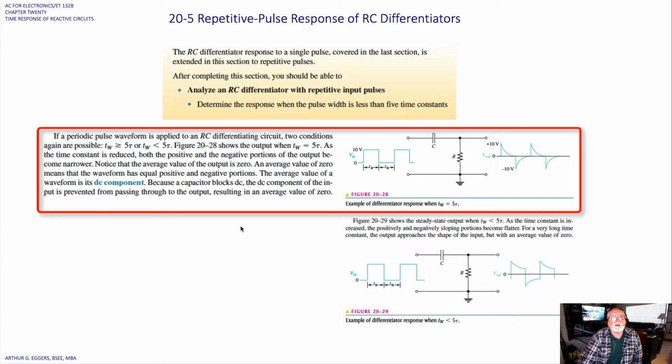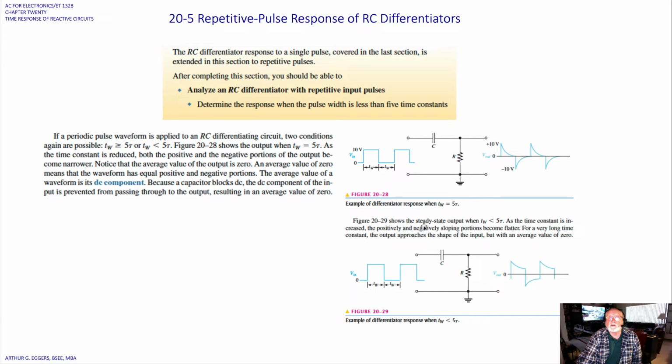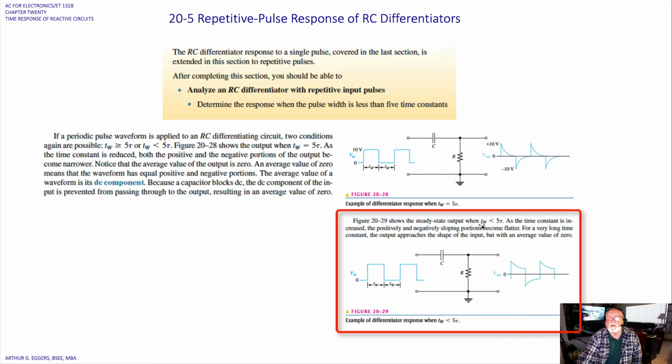The average value of a waveform is its DC component, not its AC component. Because a capacitor blocks DC, the DC component of the input is prevented from passing through to the output, resulting in an average value of 0. So we can see here from the two waveforms, the one below shows the steady state output when the pulse width is less than 5 time constants.